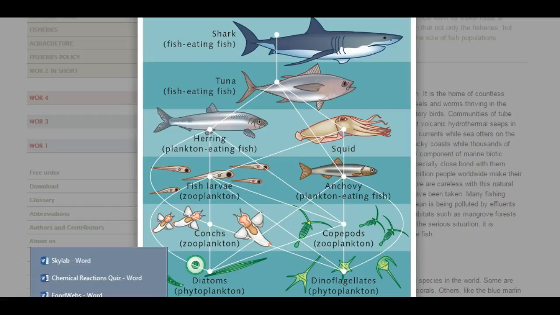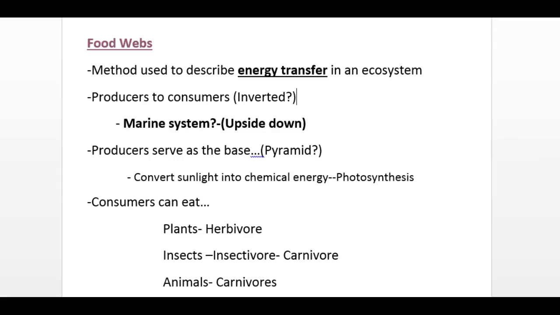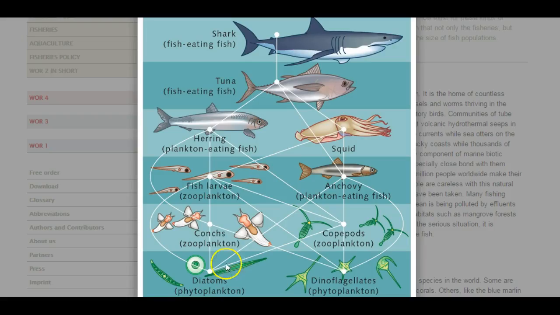And then if we go back, also remember this idea of the numbers, and really maybe numbers isn't a perfect way to do it. So you could do number of organisms, how many diatoms are there? There's just an amazing amount, and there's not as many conches, and there's not going to be as many fish larvae, and so on. But also biomass.